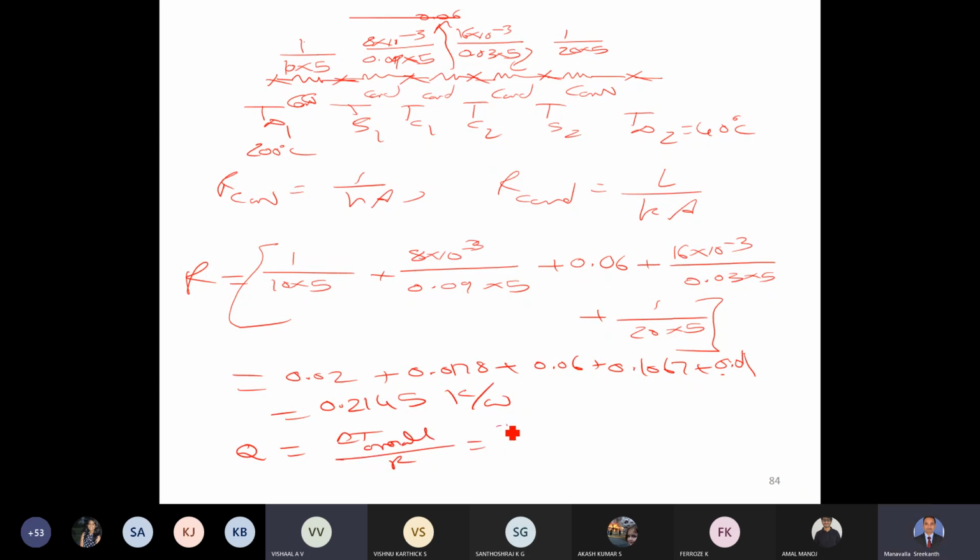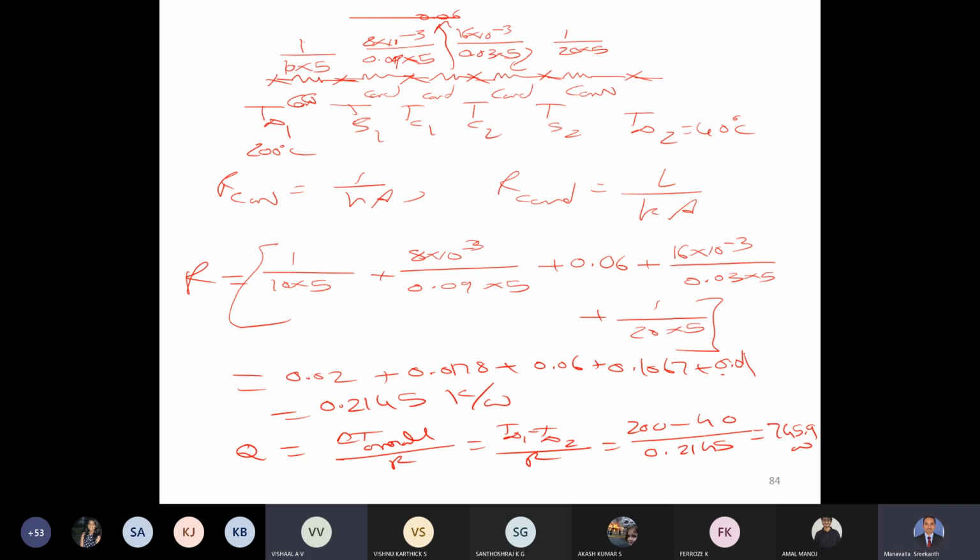Delta T overall is T infinity 1 minus T infinity 2, divided by R. So 200 minus 40 divided by 0.2145 equals 745.9 watts.